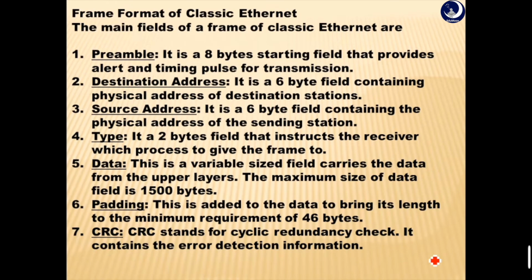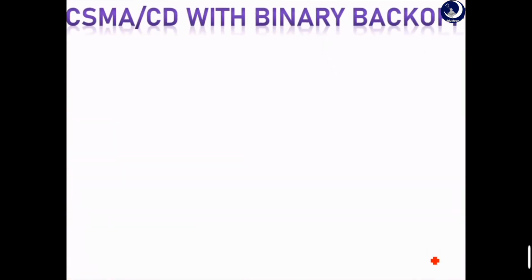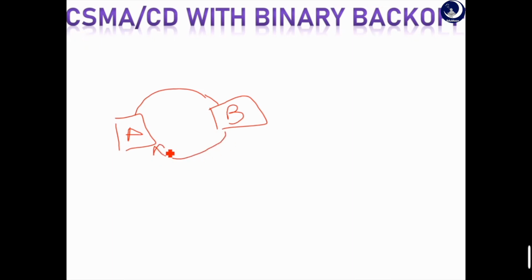Now let's proceed with the CSMA/CD with binary exponential backoff. For example, if you are trying to call your friend B, and at the same time B wants to call you. Then what happens? A collision occurs.